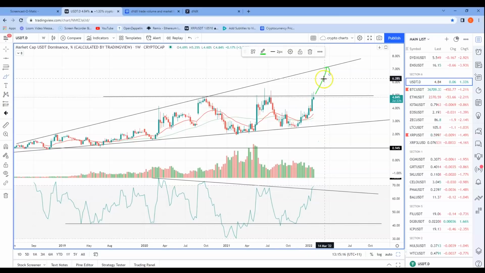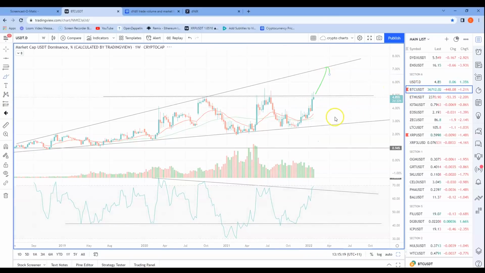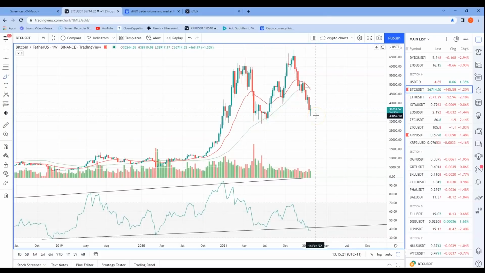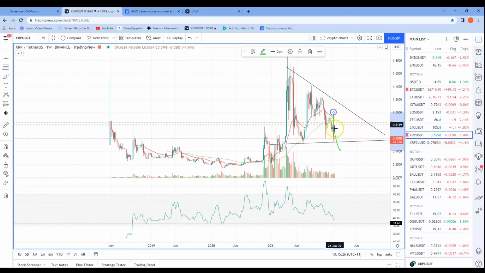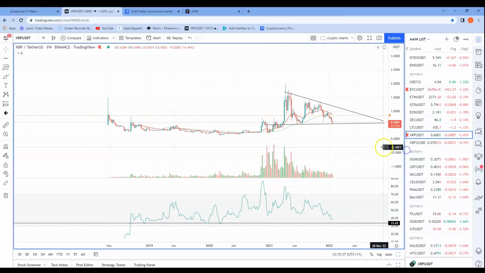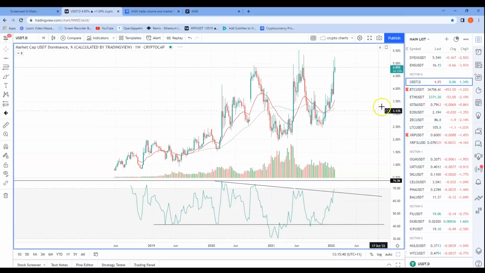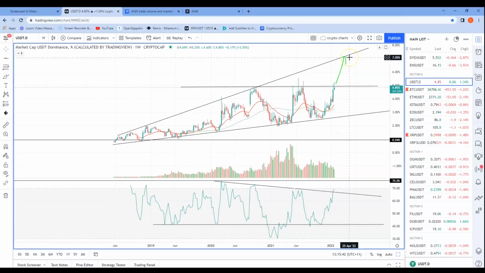If it breaks above this, the Bitcoin is going to go to 25 to 30k easy. XRP might come and retest these lows around here. Sorry guys. So if the USDT weekly closes above this level, it will mean that people are leaning more towards positioning themselves into Tether rather than the altcoins.